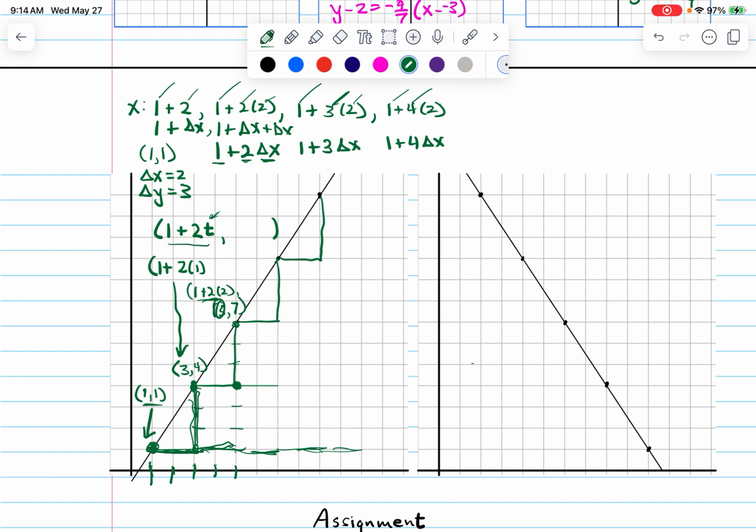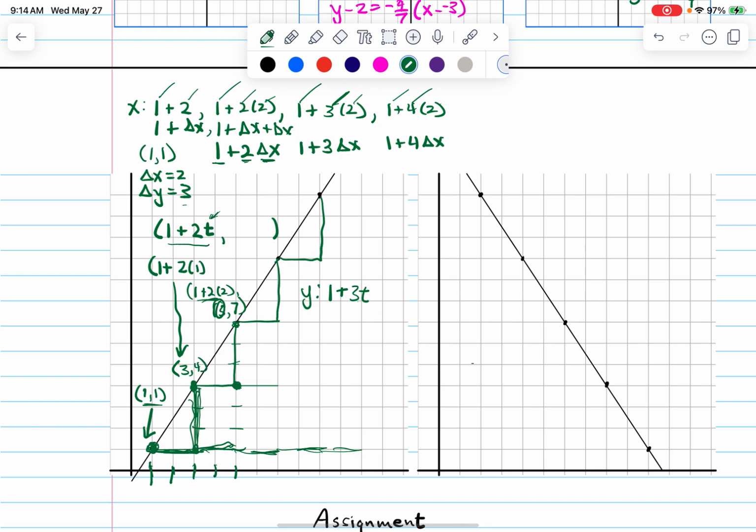Now let's see if we can figure out what the y is. Well, we start off with the y to be 1, and we add to it. To get to the next y, we're going to add 3, times t.